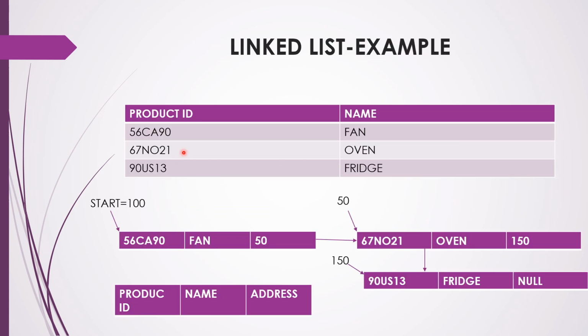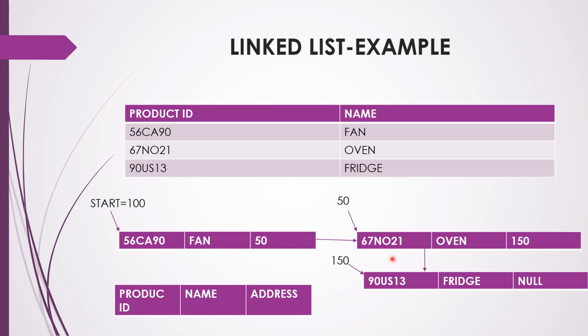In this linked list example, we have product ID and name which have to be stored in the linked list. Initially we have a node and the first product ID and name have been stored in the value fields, and then there is an address field which denotes 50. The starting address of this linked list is 100.